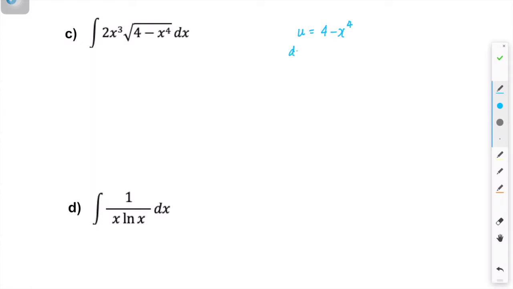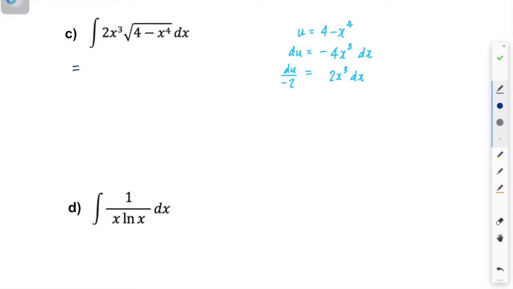So here du is negative 4x cubed dx. This is not entirely the same as the 2x cubed dx that I see in my question. So if I want to make it more clear, what is 2x cubed dx equal to in this case? That would be du divided by negative 2.